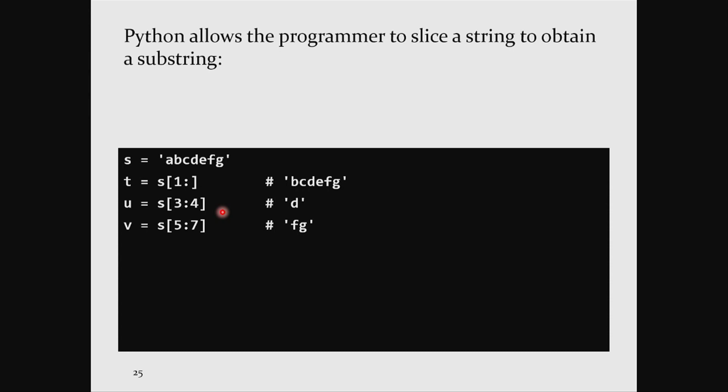S[3:4] is the slice starting at character 3, going up to but not including the 4, so that's just the D. 5 colon 7: start at index 5, go up to but not including the 7. So that's 0, 1, 2, 3, 4, 5, that's F. G is index 6, so I take that one as well, and then you get the string FG. You can't write the exact same thing in Java, but there is a slicing method in Java.